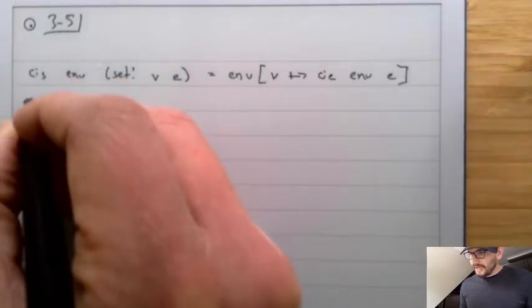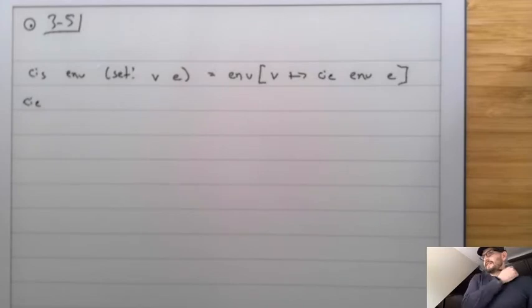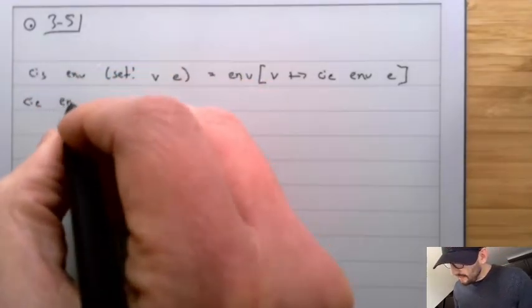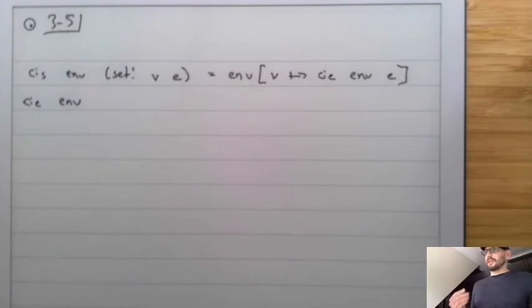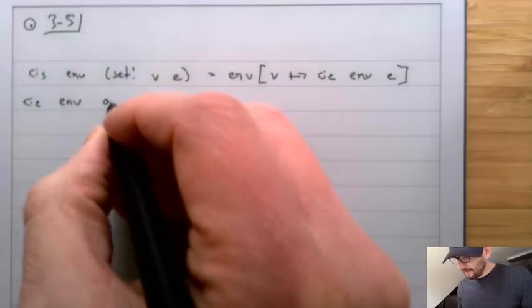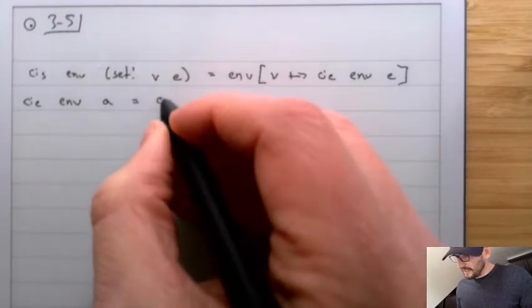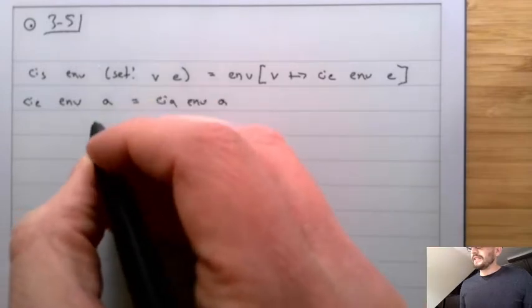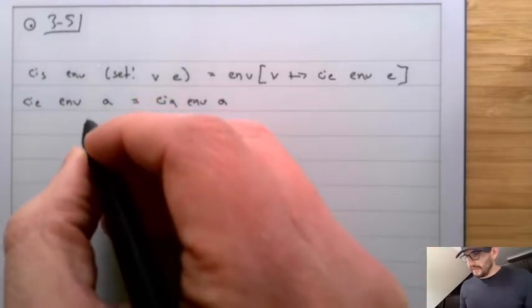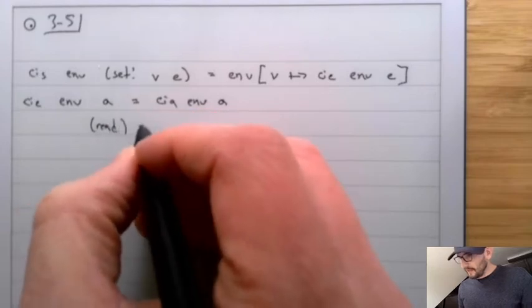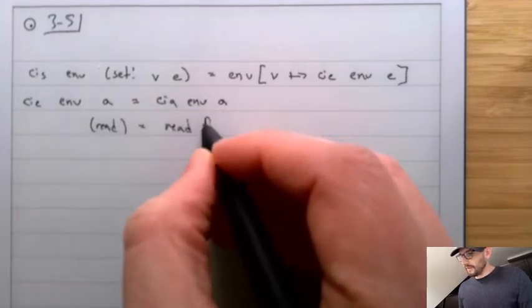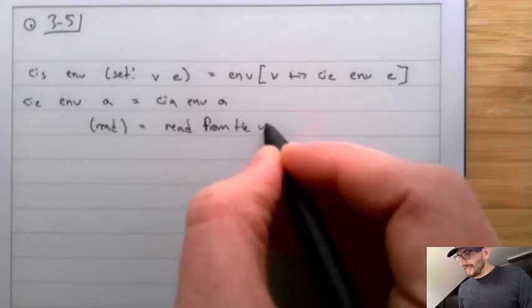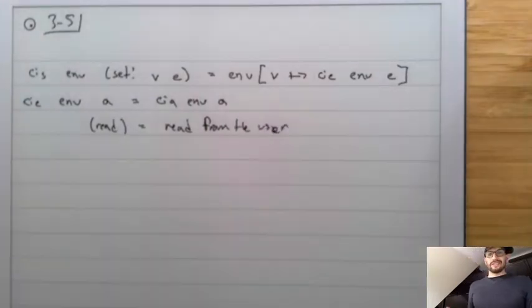Now what's CIE? Well, CIE takes an environment and then an expression. The various expressions could be an argument a, and if it's an argument, then it'll just return CIA of the environment and the argument. It could instead be a read, in which case we'll read from the user, the exact same way that we read in R0, R1, X0, and so on.